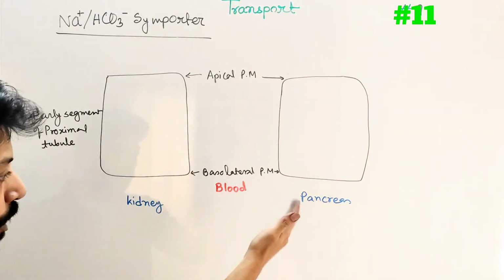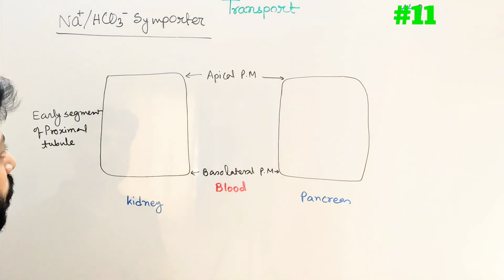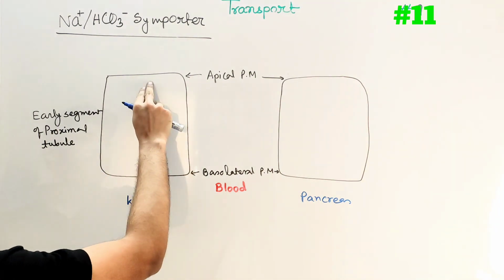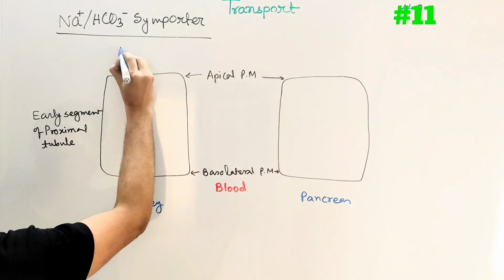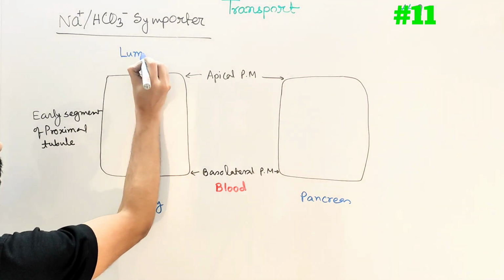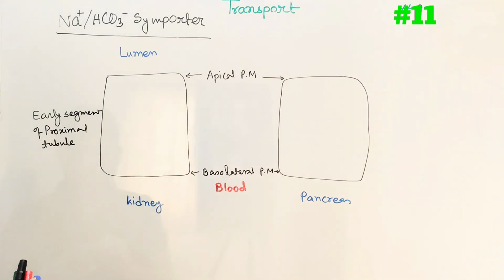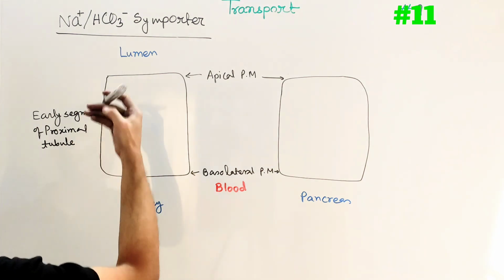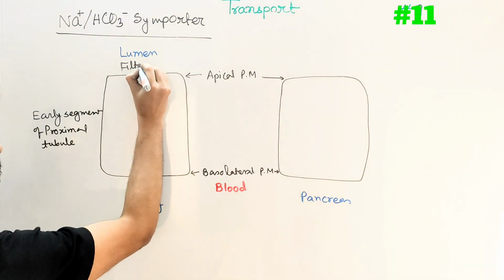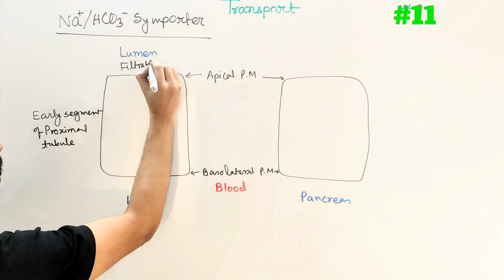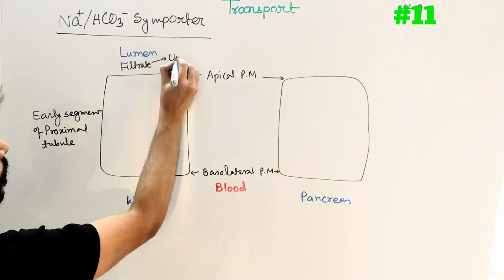Now in two different organs, the apical plasma membrane faces different things. In case of kidney, it faces the lumen that contains basically the filtrate. Now this filtrate actually becomes the urine.